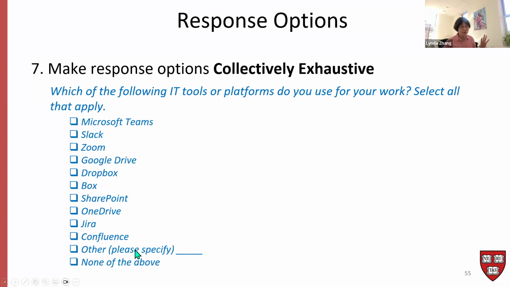Then you can add other. And what if I don't use any of these platforms? You can say none of the above. So everyone has a place to check. This way, you know how many actually looked at this question and answered it, and you can summarize what percent answered each choice.